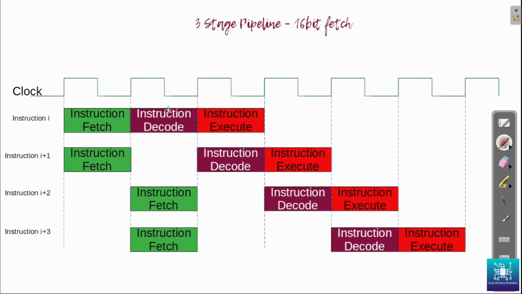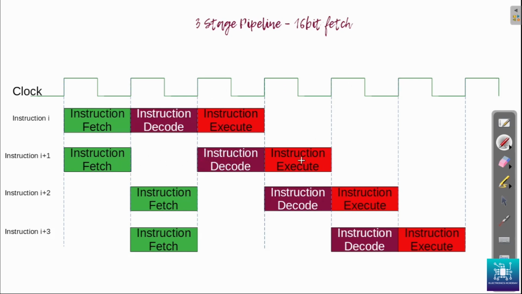Second clock, the first instruction that is fetched is decoded, and the next two instructions are fetched here. The second instruction is not decoded here, but the next two instructions are fetched. Then in the third clock cycle, that first fetched instruction is executed, and the second instruction that was fetched is decoded at this cycle.